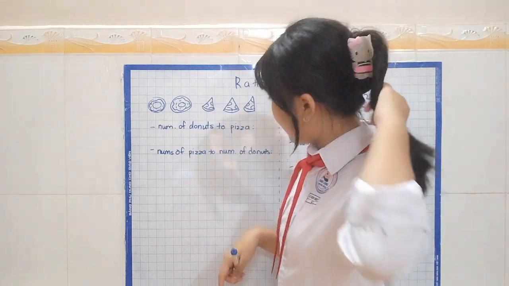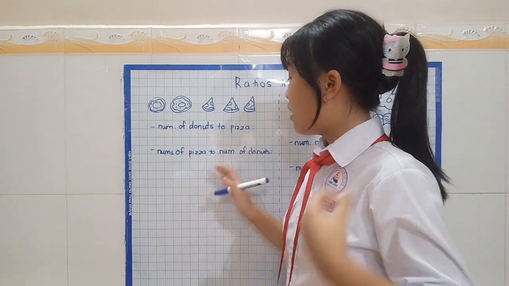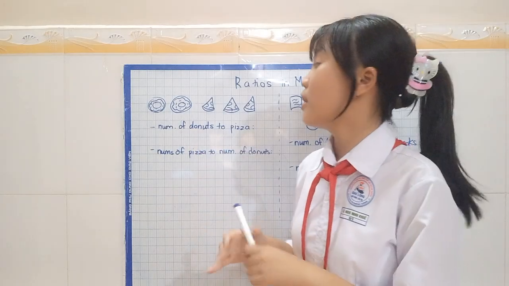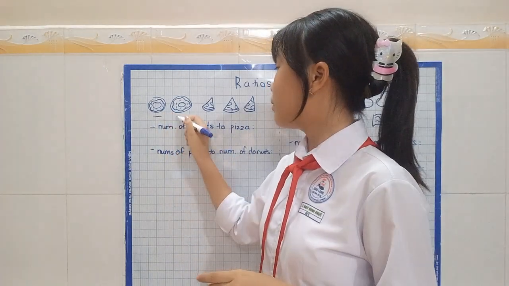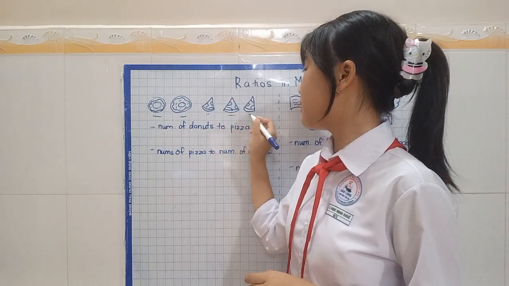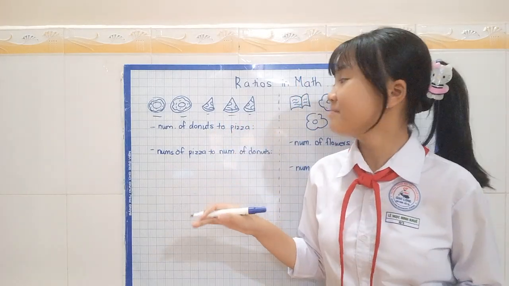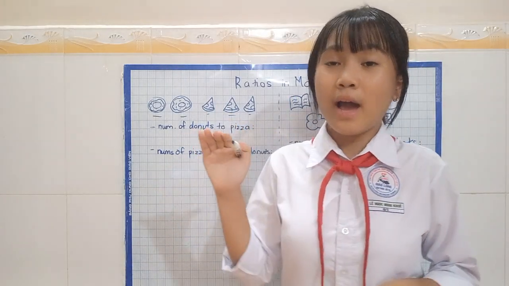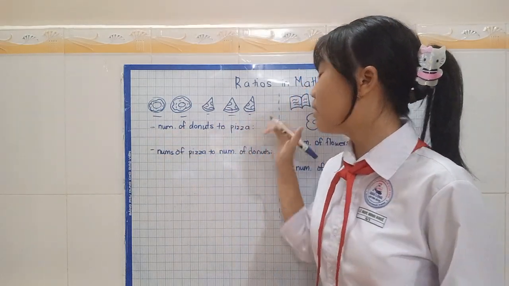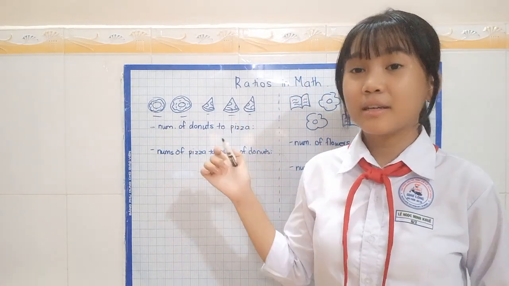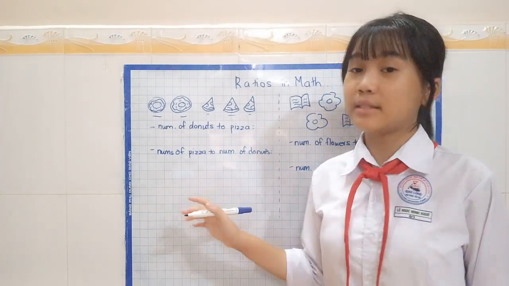So first is the number. Now look up into this page. You could see there are 2 donuts and 3 pizzas here. Forgive me for the bad drawing. So now, how could we represent the numbers of donuts to the numbers of pizza by ratios? It's really simple.